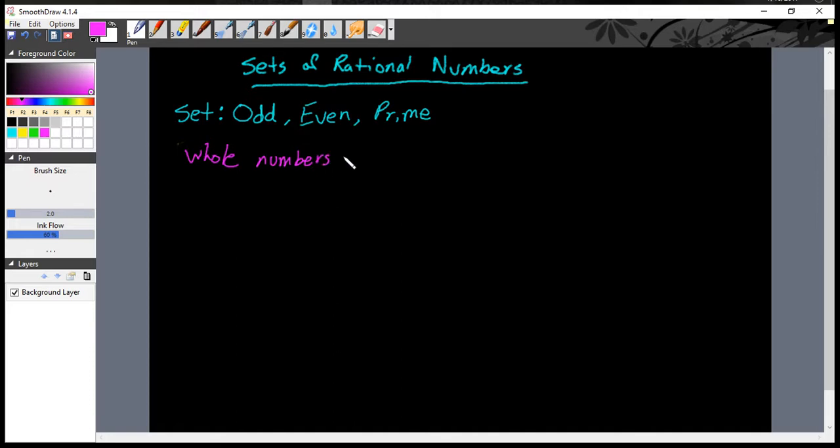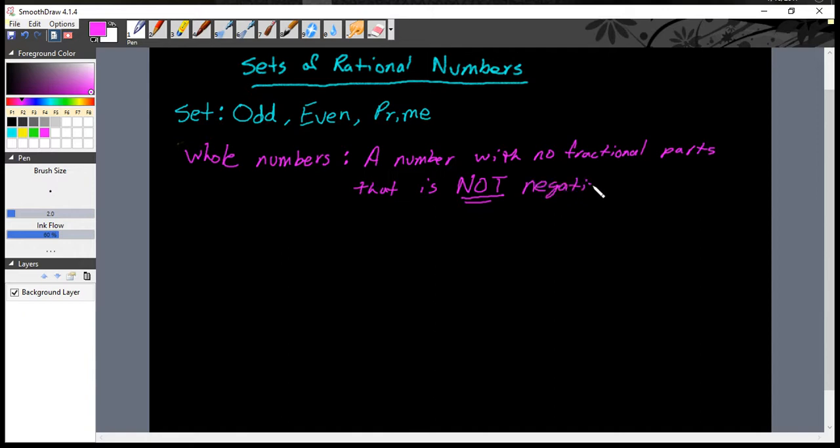A whole number is a number with no fractional parts that is not negative. So the number 4, it's not negative. It doesn't have any fractional parts. It is a whole number.